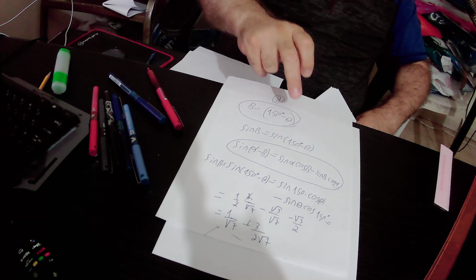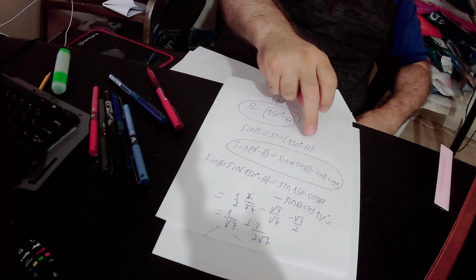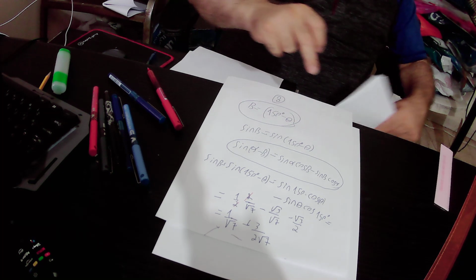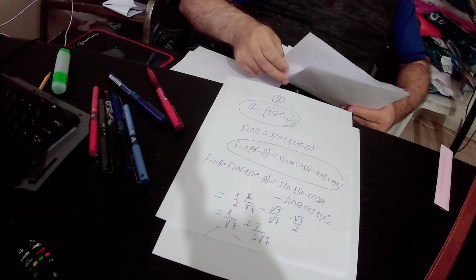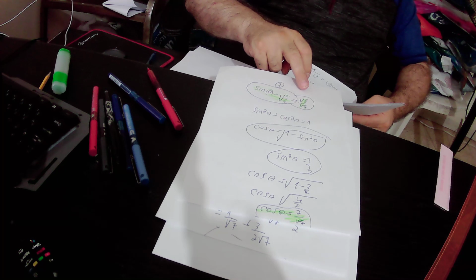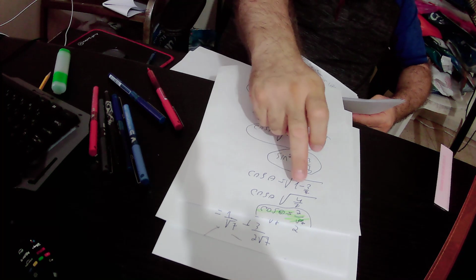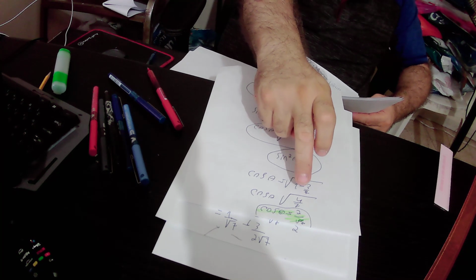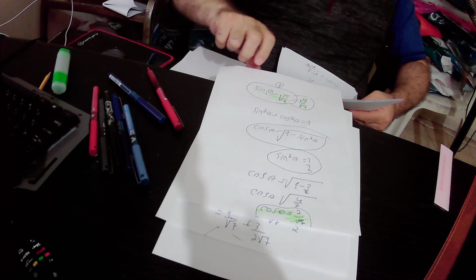You should remember that we have already found out the value of sine theta and the value of cosine theta. The value of sine theta equals root 3 over root 7, and the value of cosine theta equals 2 over root 7.